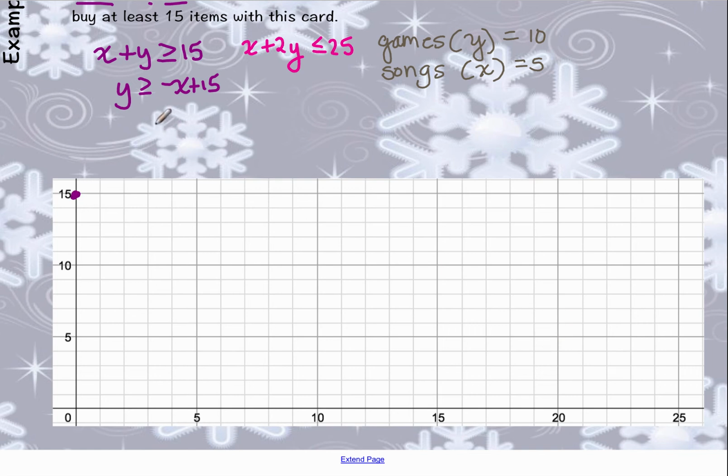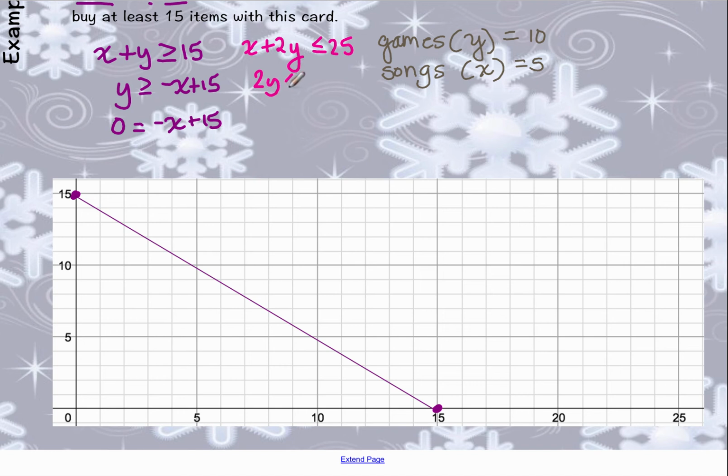My x-intercept is found by putting in 0 for y, and that would make that 15. So negative 15 plus 15 gets me 0. So it goes from 15 to 15. Okay, great. Let's graph the next one.